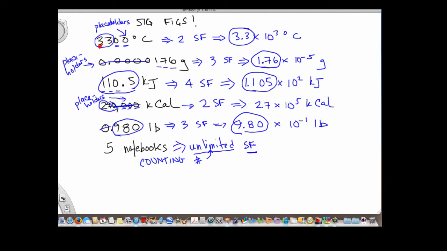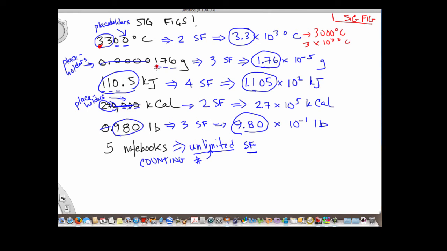If it's greater than 5, we would need to round this guy up. Well, since it's less than 5, we don't need to round up. So we can write this. These are all 1 sig fig here. We can write this as simply 3,000 degrees Celsius, or in scientific notation, 3 times 10 to the third degrees Celsius.